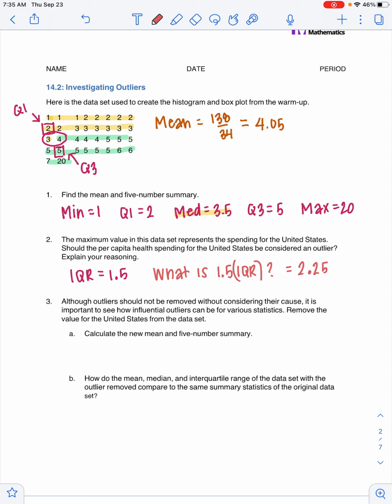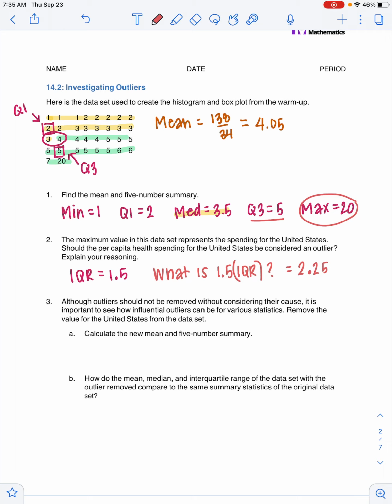Now, 20, which is the United States' value, the maximum value in this data set, is very clearly more than 2.25 greater than Q3. Remember, a number is an outlier if it is the IQR times 1.5 greater than Q3. So the United States value is an outlier.